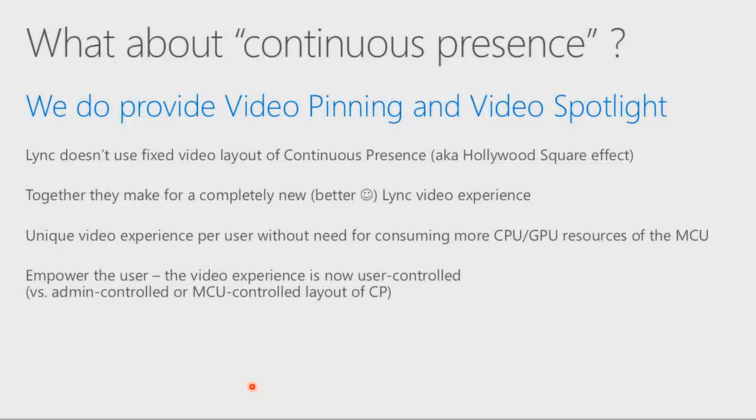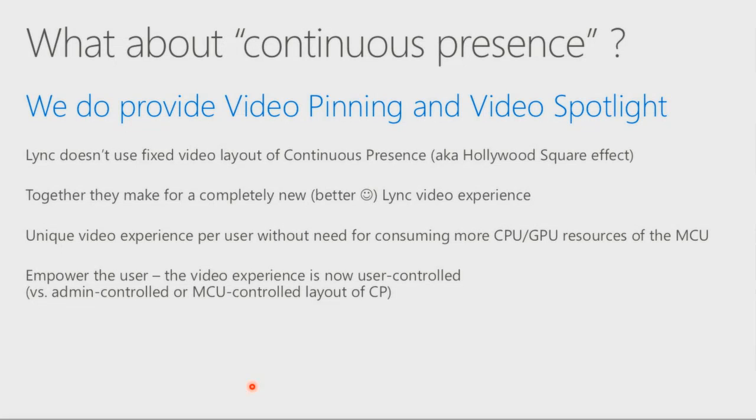And what's behind the video pinning? How did we do it? Well, basically, it's also about the VSR and VSRs and H.264, which Danny is going to explain in a moment. Because what we do then is just send another VSR to the AVMCU and say, even though I don't see him right now, Johnny, I want to see Johnny.